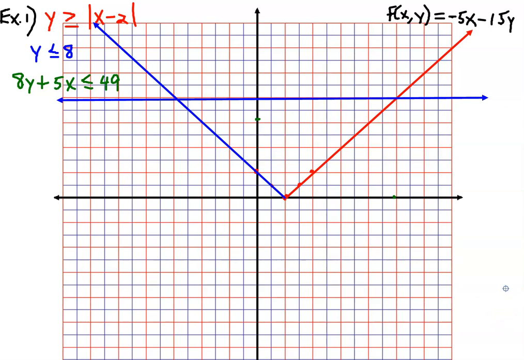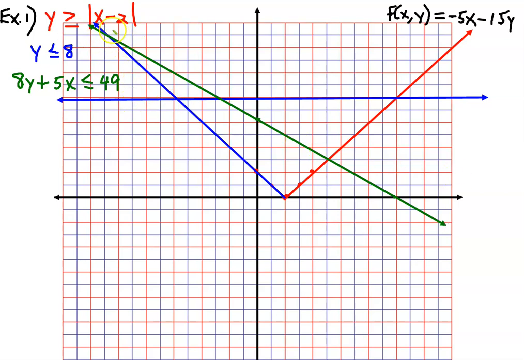All of these are solid. Trying to line this up, make sure I get it. Yeah, I missed that one. Okay, so I've got all of my boundary lines drawn, and now I'd like to save the shading for last.